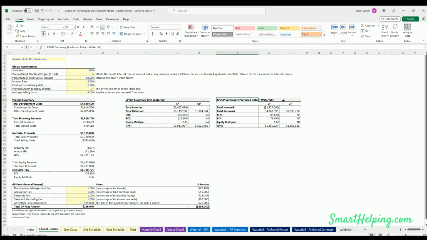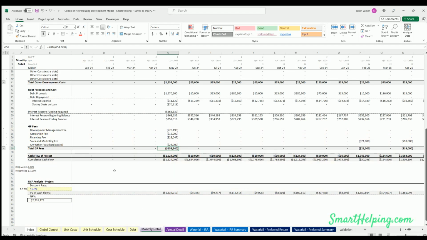You can see what happened if you do the preferred return instead. These are not adding with each other. These are completely separate. They're just looking at the cash flows of the project and using different logic to figure out how to split up the cash flow. And so that's pretty much how the whole thing works.